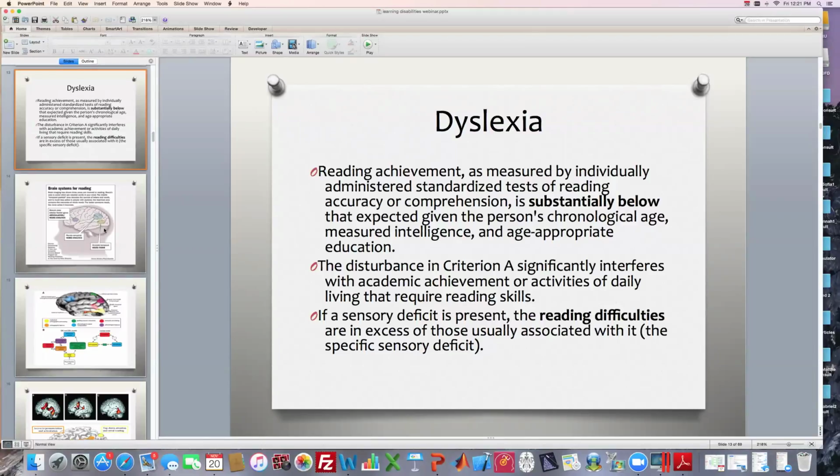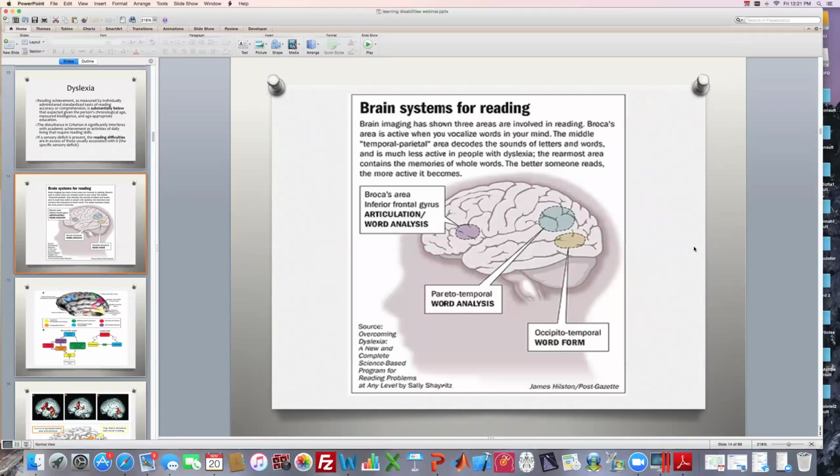Okay, moving on in understanding dyslexia. There are three basic systems that have been identified in understanding the components involved in reading. We'll talk about these one by one here.